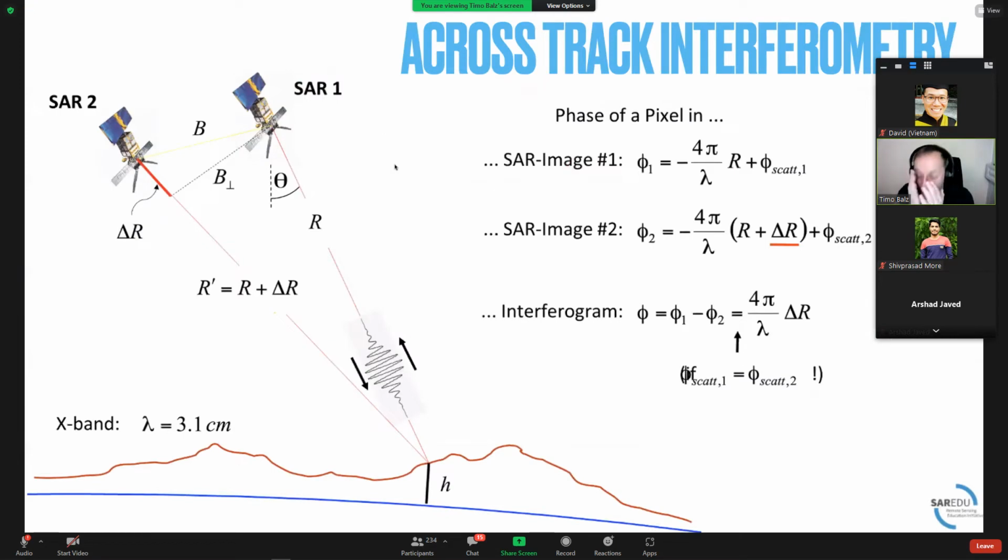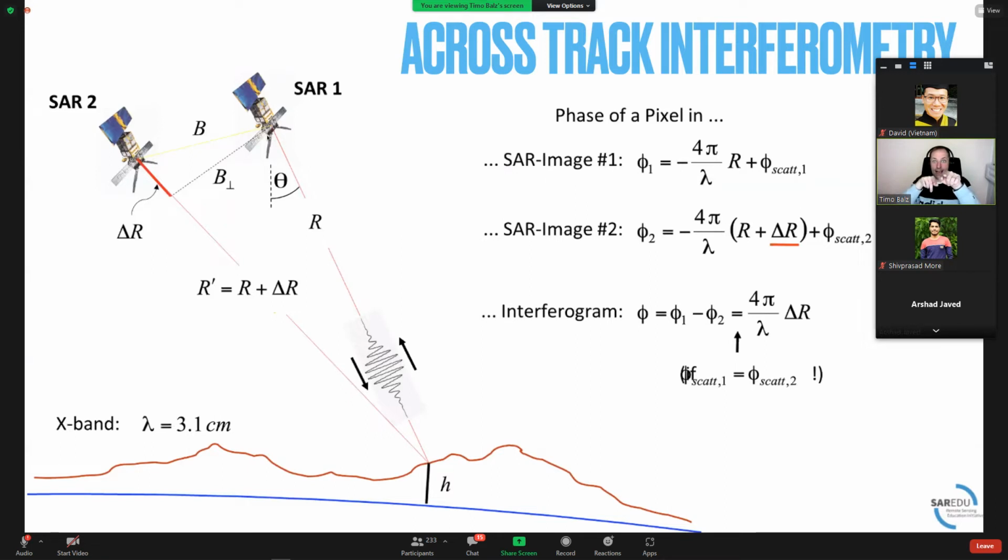All right, so we call that cross-track interferometry. That's another term that is important. At least you should know it, right? Cross-track, because if we look at this image, if our satellite flies, the track would be the azimuth direction, the direction the satellite flies.